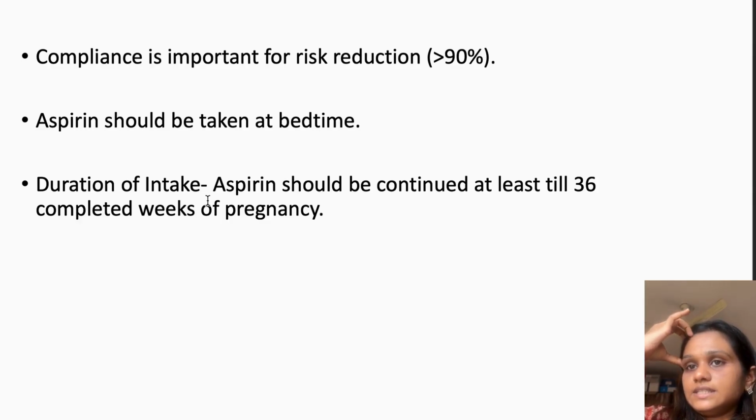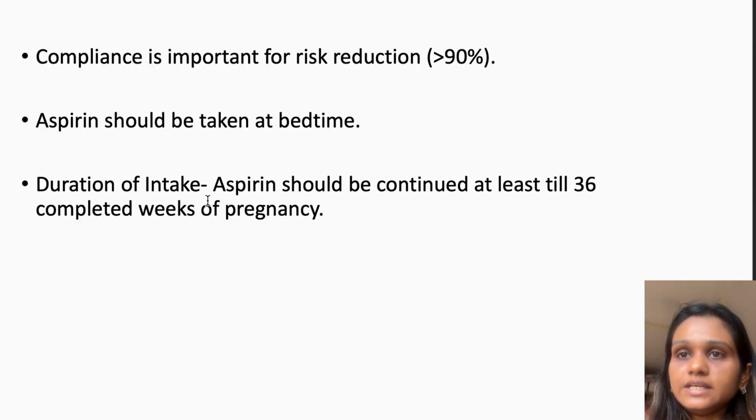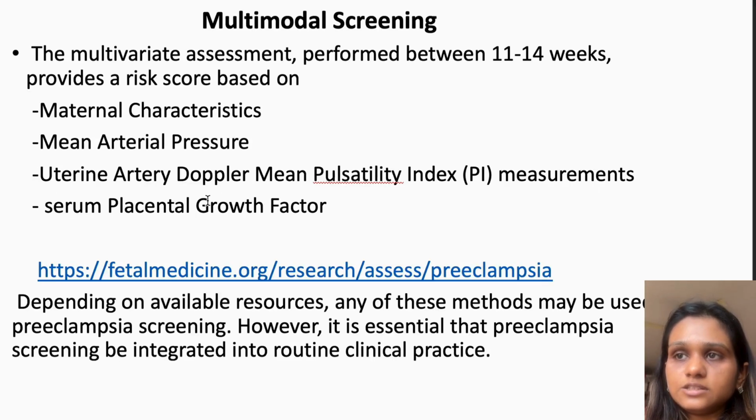Now the second screening method is multimodal screening. It is a multivariate assessment performed between 11 to 14 weeks, and it provides a risk score based on maternal characteristics, mean arterial pressure, uterine artery Doppler mean pulsatility index measurements, and serum placental growth factor.